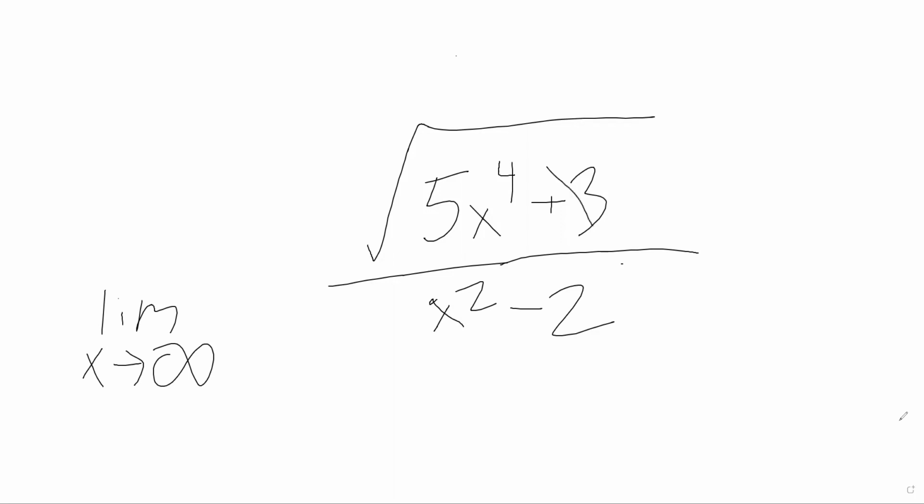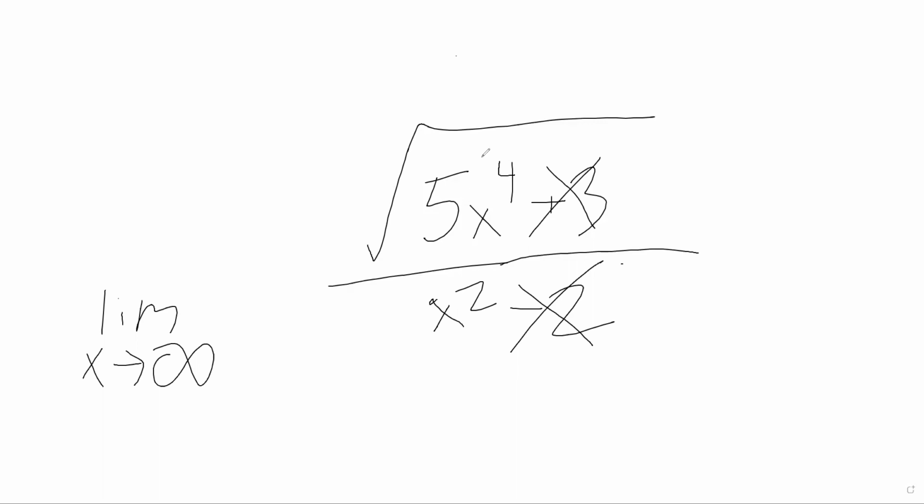So again, whatever's not the biggest term in the top and the bottom is irrelevant. It's not going to have a big impact on what we're looking at. So what do we do here? Now you might be tempted to just say, oh, I see a 4 here and I see a 2 here, so the top is bigger, so the answer is going to be infinity. But that's not the case, because you have a square root here.